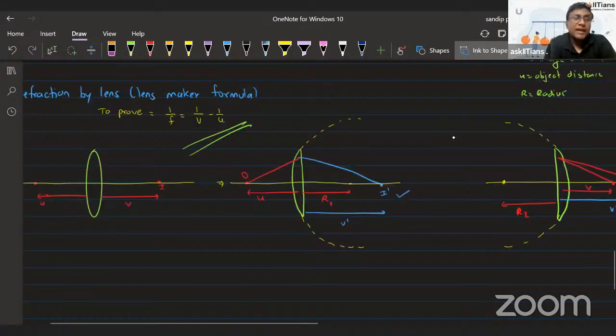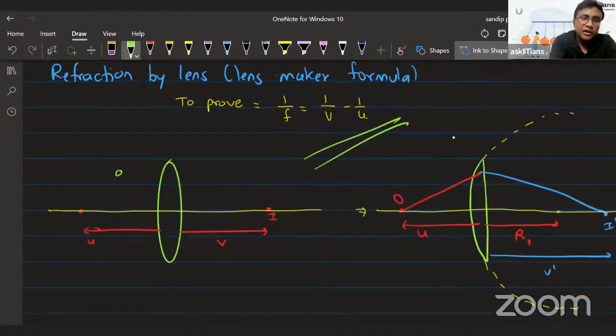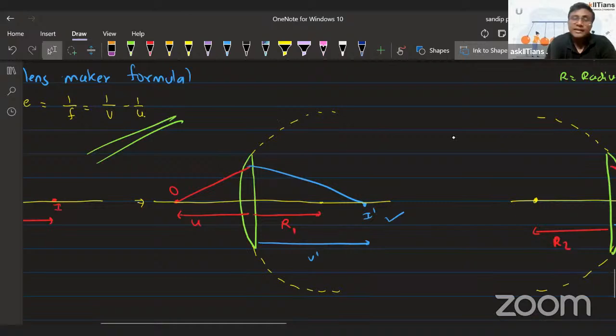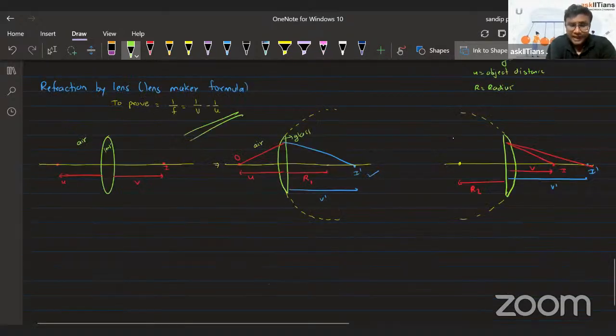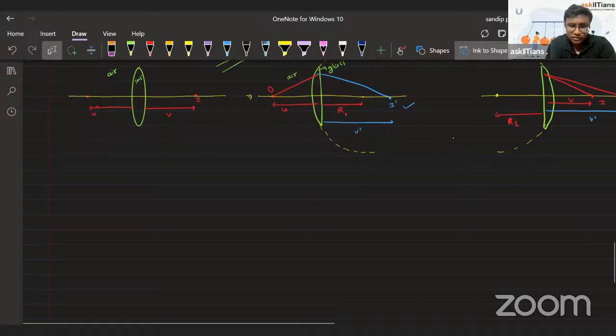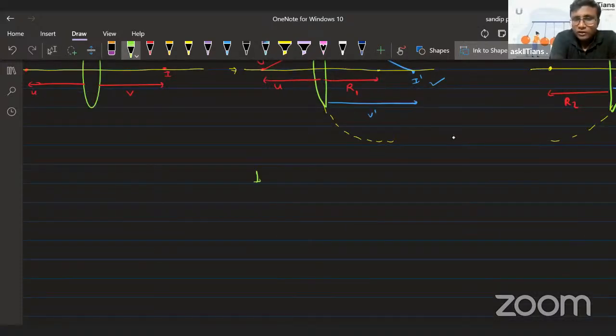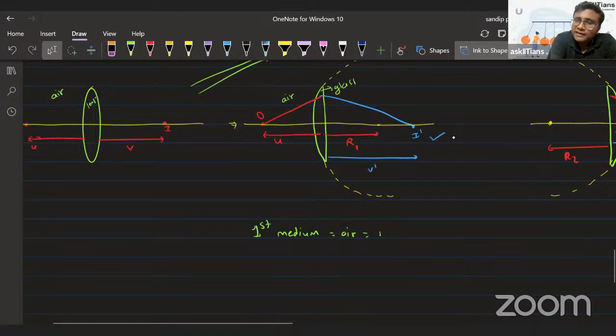So when we say second medium, here the first medium is air and another medium is of lens, right? So in the first case, there are two parts. In the first part, we can say the first medium is air and second medium is glass, right? So I will say that N1 is equal to Na.